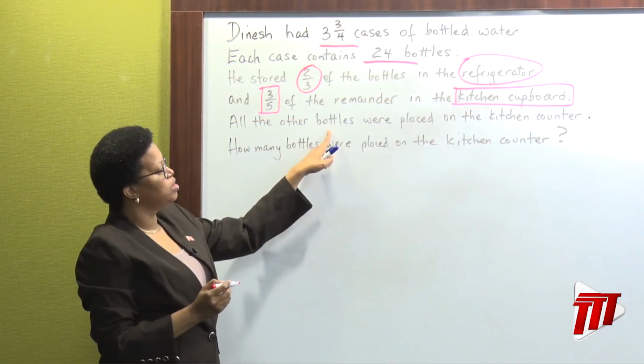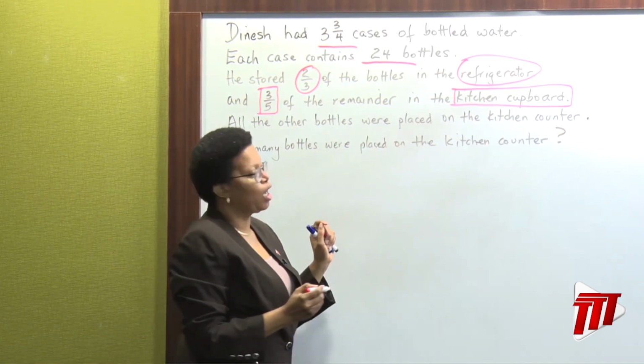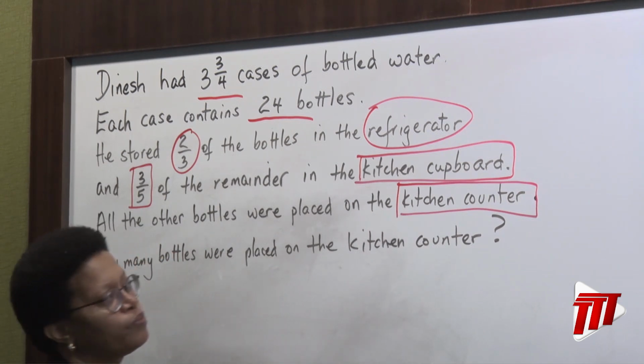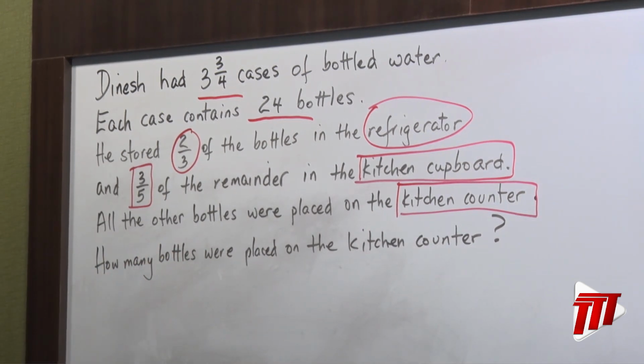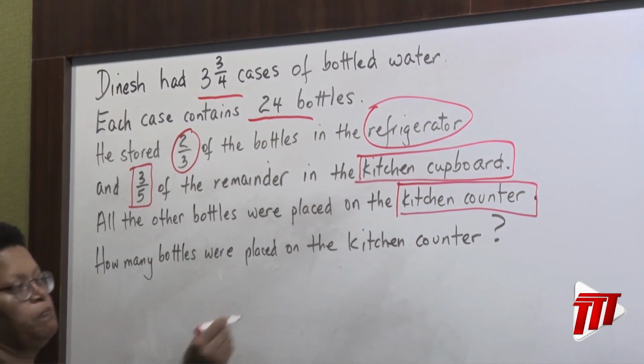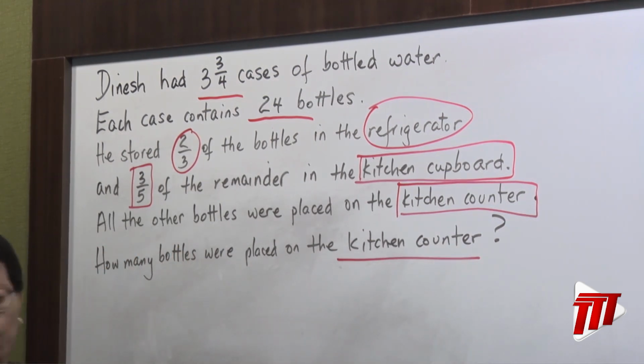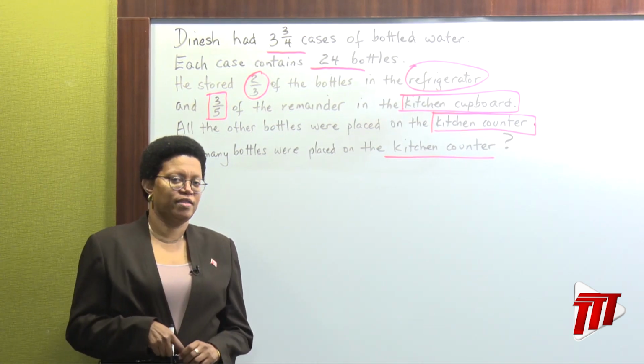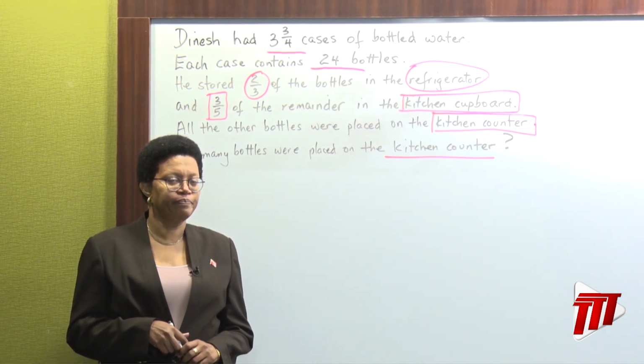All the other bottles were placed on the kitchen counter. How many bottles were placed on the kitchen counter? This is our question. Let's treat this as a multi-step problem.